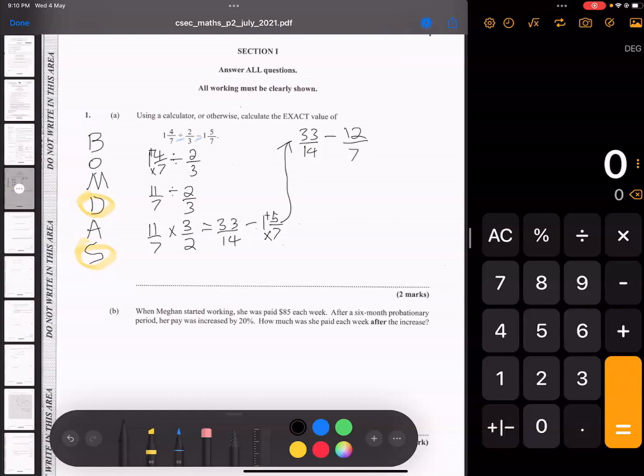So before we can even subtract, we have to ensure that we have the same denominator. If we do not have the same denominator, we cannot subtract nor add.